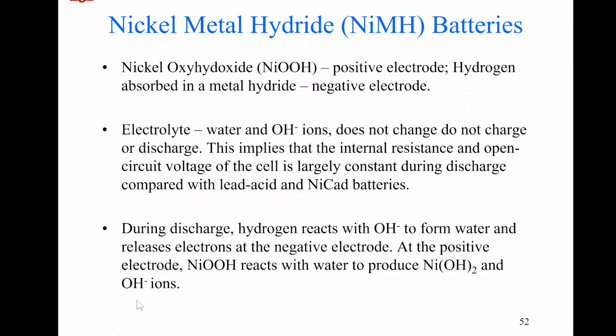So at one electrode, the OH minus ions are getting consumed, and at the other one they are getting produced. So the concentration of OH minus ion and the amount of water does not change.